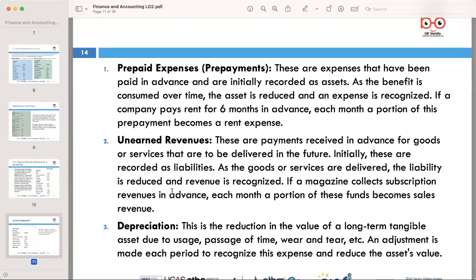Unearned revenues are payments received in advance for goods or services that will be provided in the future. Initially, these payments are recorded as liabilities since the company has an obligation to fulfill the goods or services.